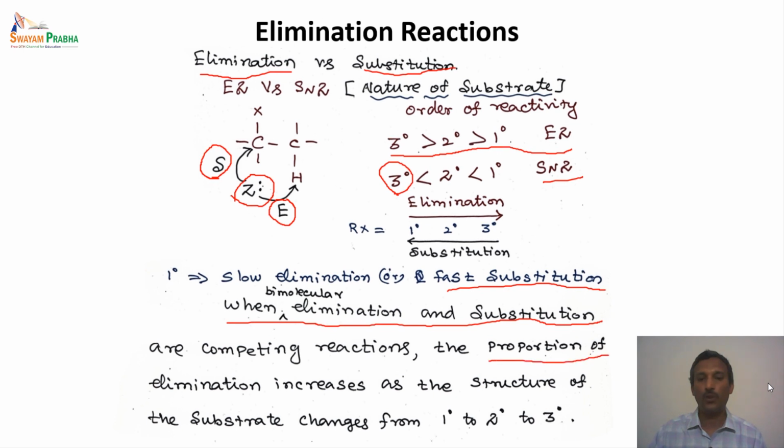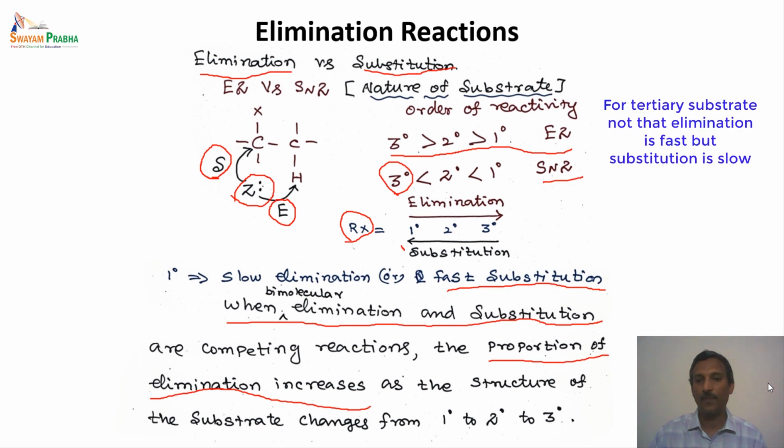And the proportion of elimination increases as the structure of the substrate changes from primary to secondary to tertiary. So in the case of alkyl halides, the primary favors substitution and the tertiary favors elimination in the E2 mechanism. Because that is what we are studying here, E2 versus SN2.